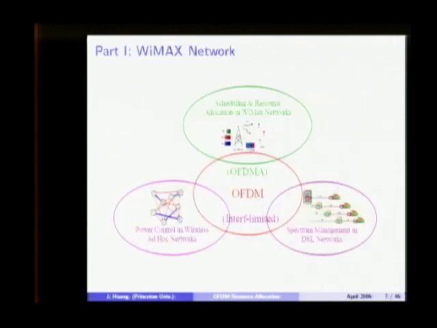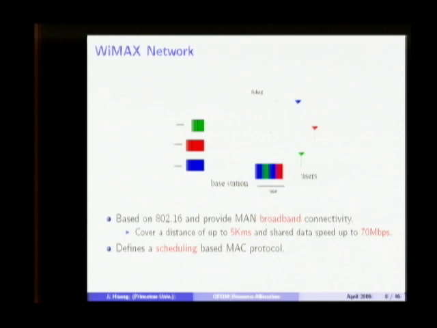So first, the WiMAX network. What is a WiMAX network? WiMAX is a suite of products based on the 802.16 standard, which provides metropolitan area network broadband access connectivity. Theoretically, a single base station in a WiMAX network can cover a distance of up to 5 kilometers and provide a shared data speed of up to 70 Mbps.